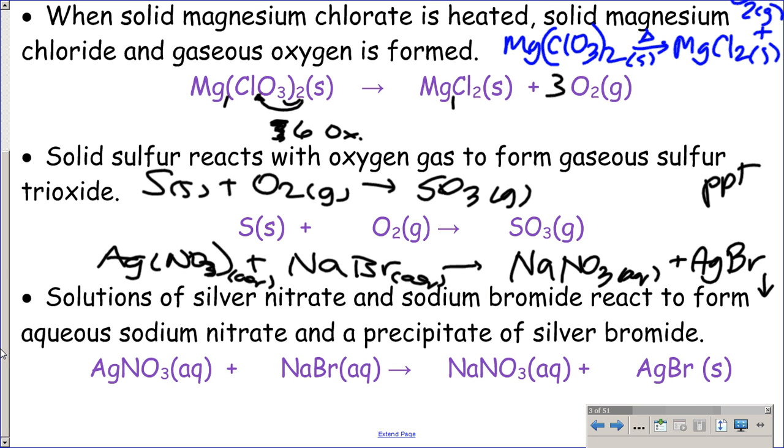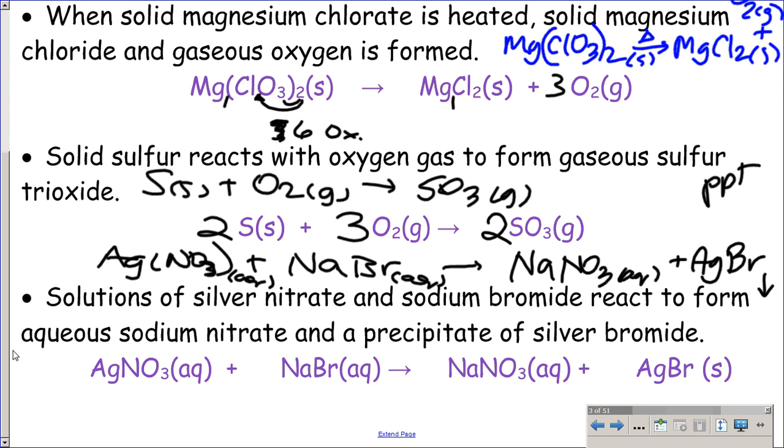So if you have 2 and 3, the next common multiple, I guess is what you'd say, is 6. So you want to multiply this one by 3 and this one by 2. Because you want 6 oxygens here and 6 oxygens here. But guess what? What'd you just screw up? Sulfur. There's 2 here, so what are you going to put here? 2. No biggie. You can fix that. So if you ever have one that's a 2 and a 3, it's not just a multiple of each other, multiply them by their opposite numbers that you see here.